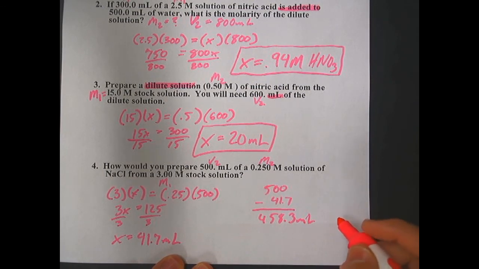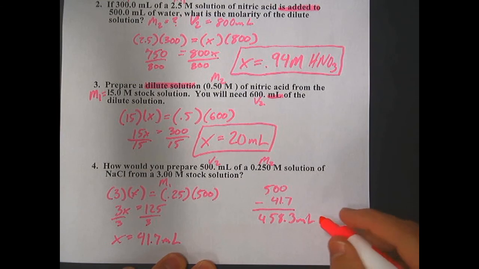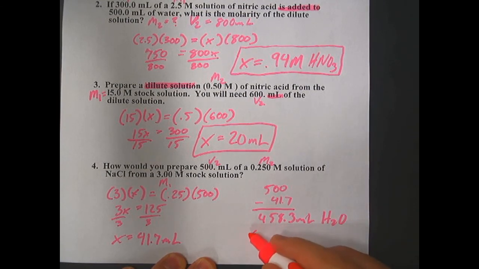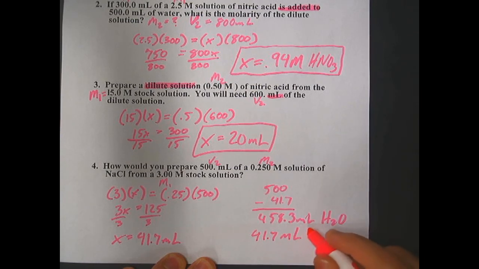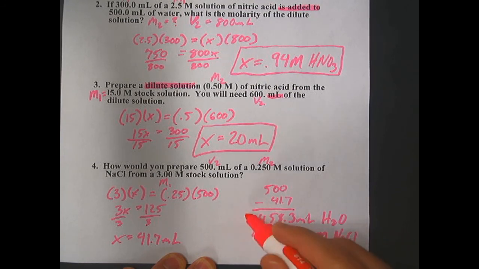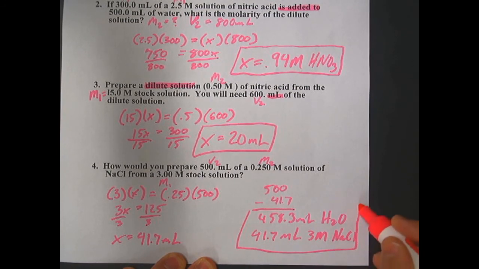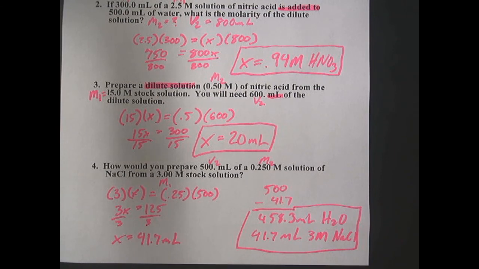So how would you prepare this? You would take 458.3 milliliters of water and 41.7 milliliters of 3 molar NaCl. This is how that solution would be prepared. That's how you end up with 500 milliliters of a 0.25 molar solution.